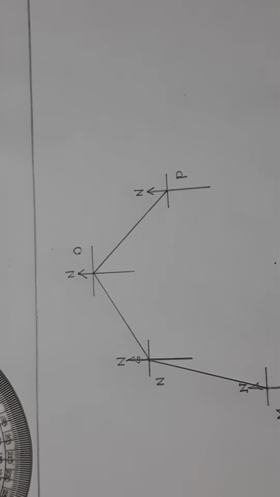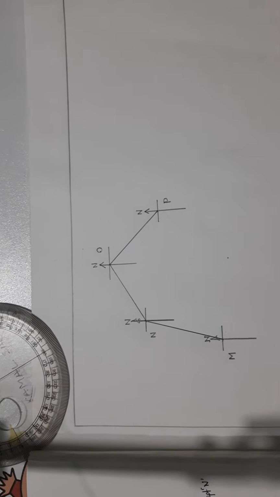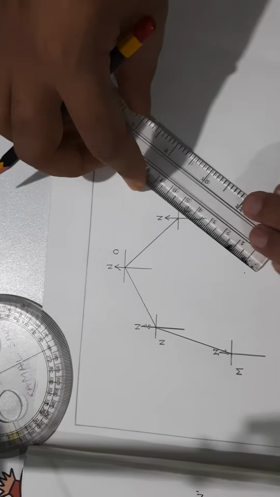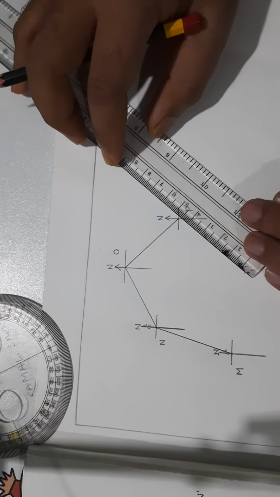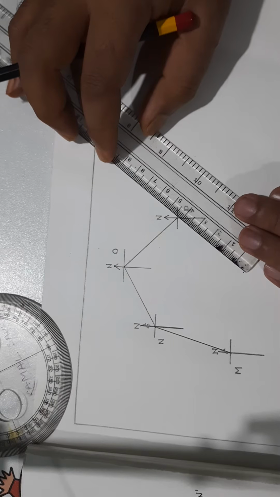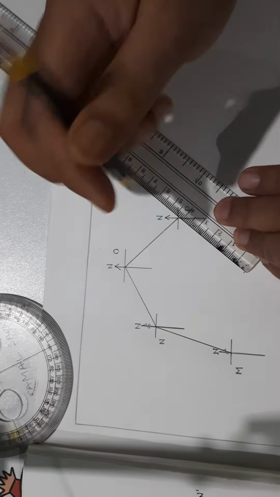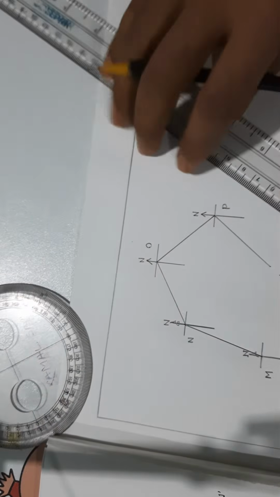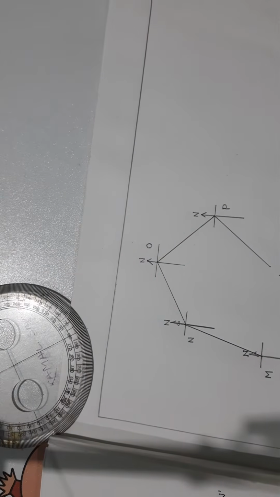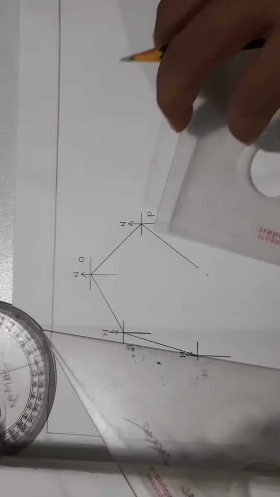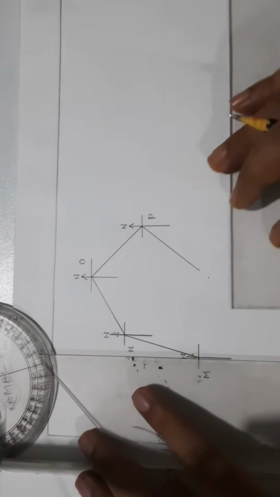After that, the length of this line, that means the PQ line. So the length of the PQ line is actually 4.2. So I am using 4.2 here. I got another line. Again you have to draw another north line, and I'm using the first north line.